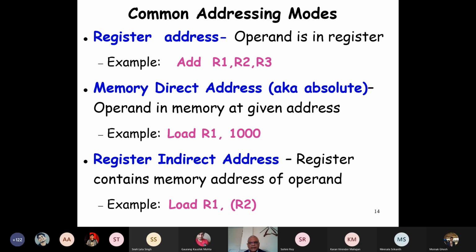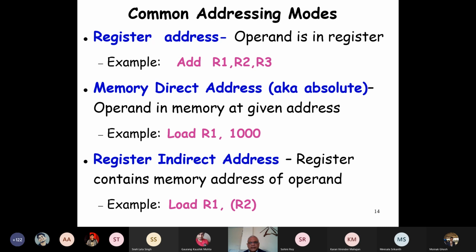In the memory direct address, the address is directly given as part of the instruction. 1000 is the memory location, and whatever is there in 1000 is brought into R1. See, 1000 is not brought into R1, but what is stored in the location 1000 is brought into R1.